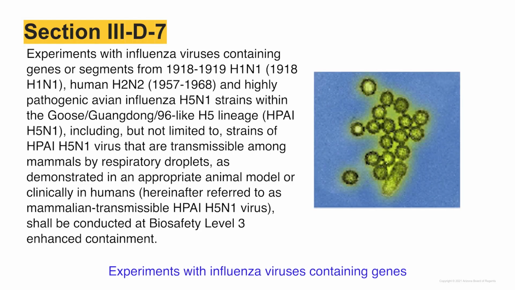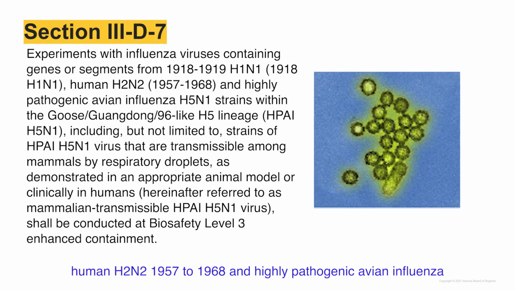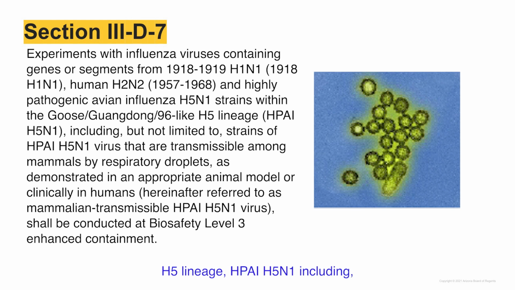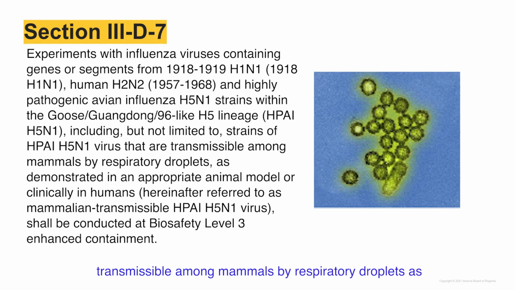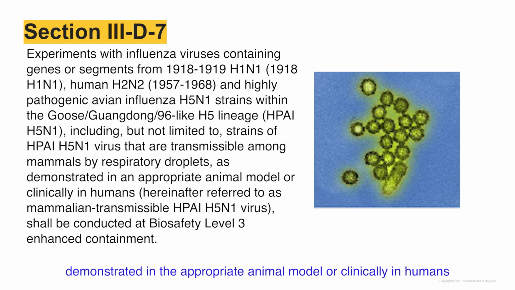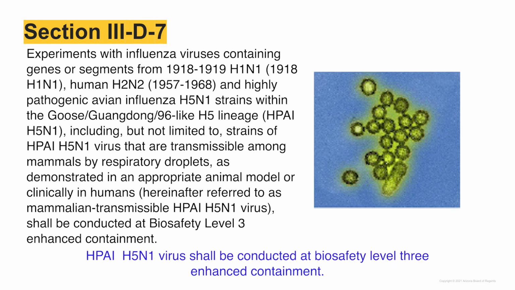Experiments with influenza viruses containing genes or segments from 1918 to 1919, H1N1, 1918, H1N1, human H2N2, 1957 to 1968, and highly pathogenic avian influenza H5N1 strains within the goose Guangdong 96-like H5 lineage, HPAI H5N1, including but not limited to strains of HPAI H5N1 virus that are transmissible among mammals by respiratory droplets, as demonstrated in the appropriate animal model or clinically in humans, hereinafter referred to as mammalian transmissible HPAI H5N1 virus, shall be conducted at biosafety level 3 enhanced containment.